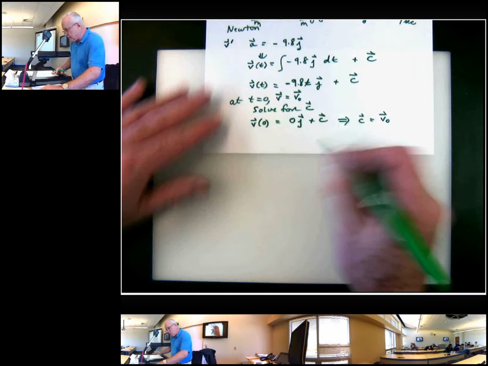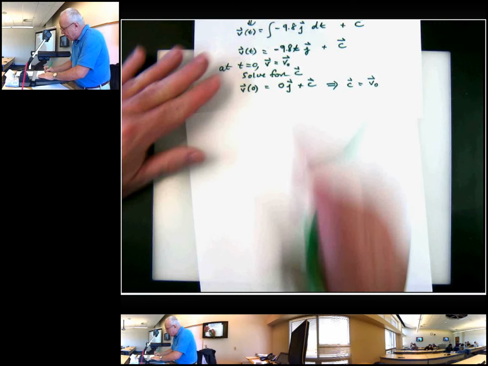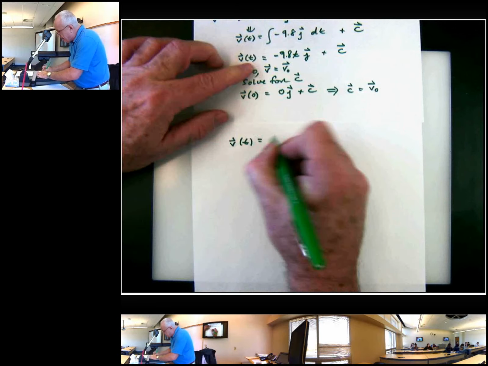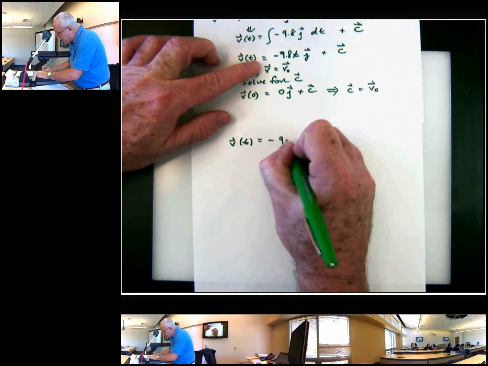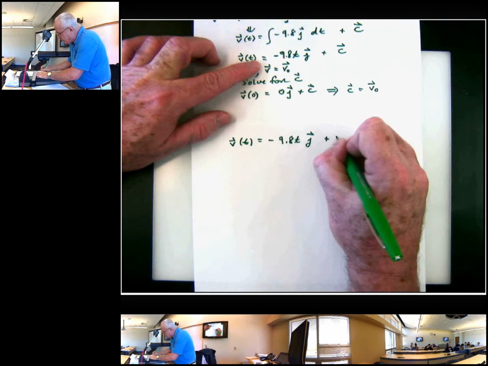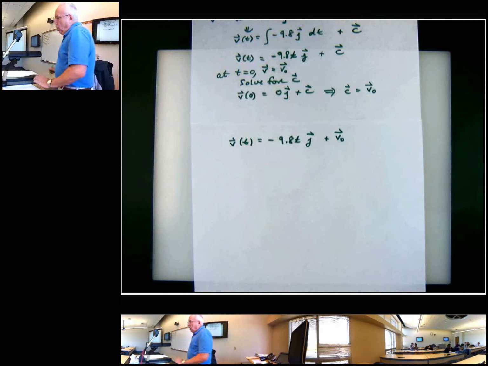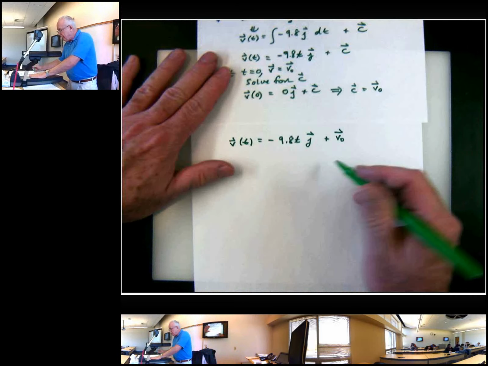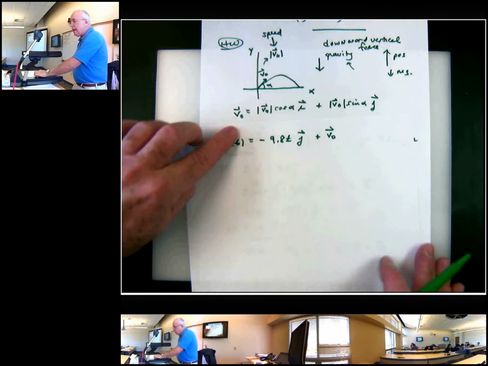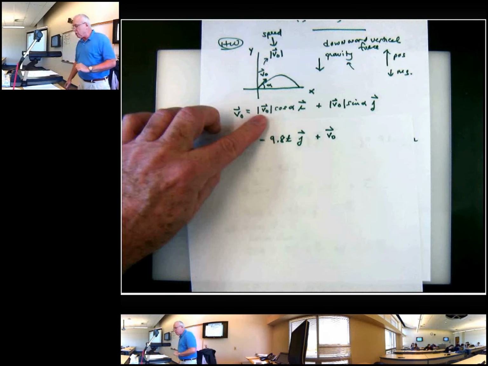So let me write this up again. Since our constant here is v sub naught, we have v of t is equal to minus 9.8 t times the j vector plus our constant vector v sub naught. What I'm going to do now is replace my v sub naught vector with what I had written way up here, where I decomposed it into its horizontal and vertical components.